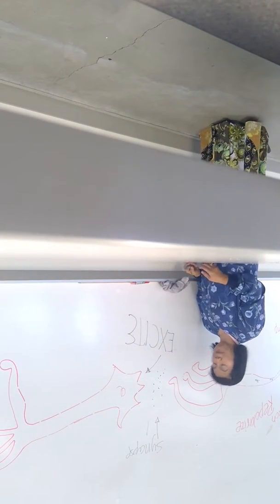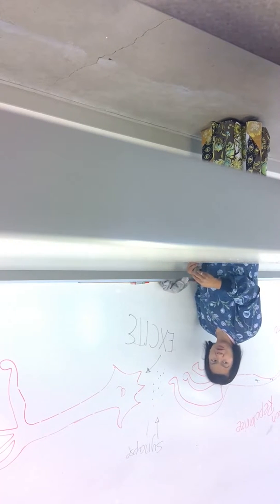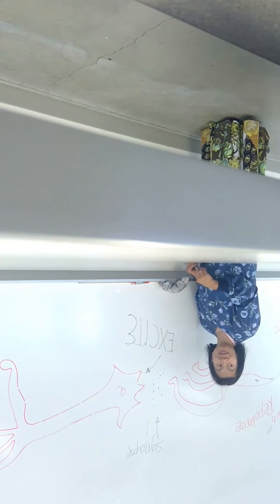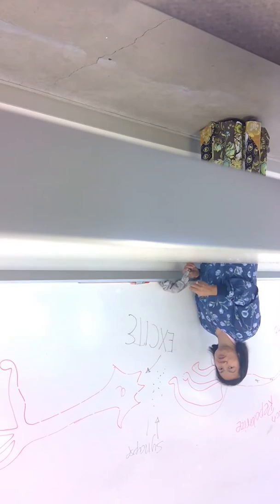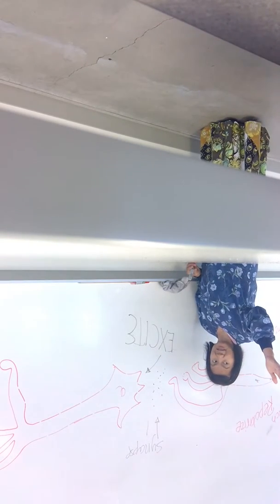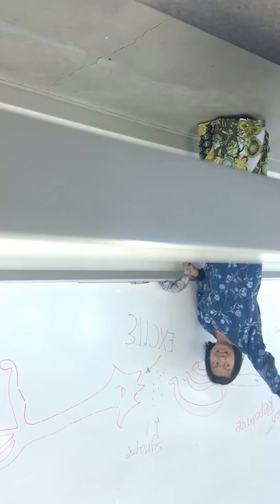Chemical gates. Open chemical gates, very good. And then what? Sodium goes inside because sodium is fast, okay? And then what? Potassium goes out slowly. And then what? The voltage what? It will depolarize, yes.